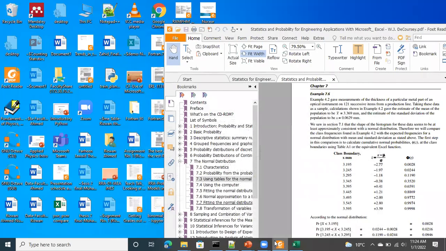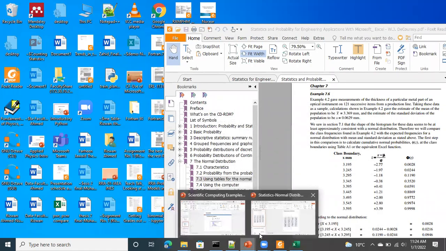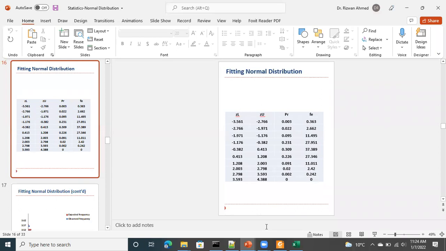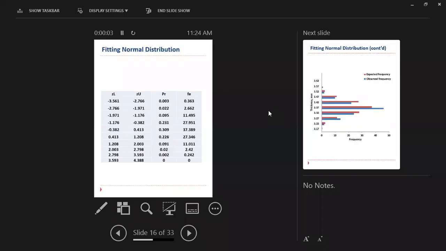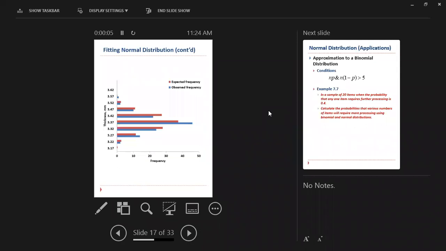For the time being, let me show you the results, not numerically, but from the pictorial point of view. These are the two distributions. The expected is shown in red and the observed is shown in blue.